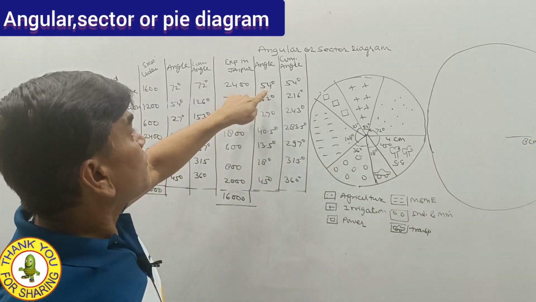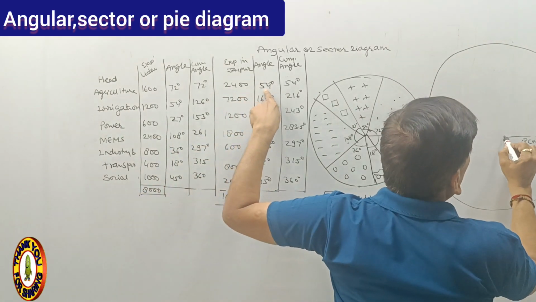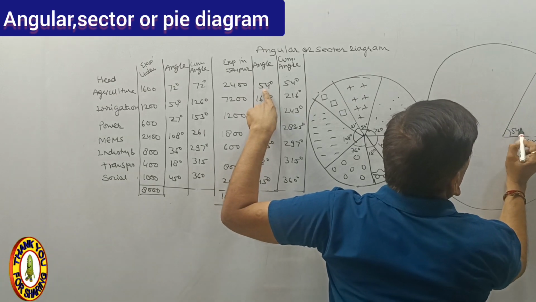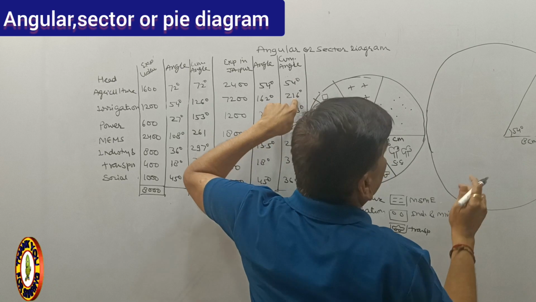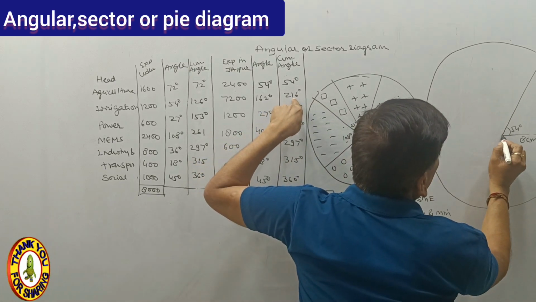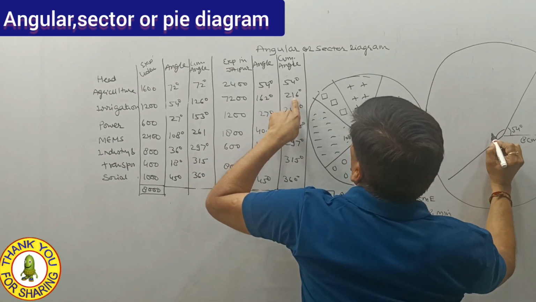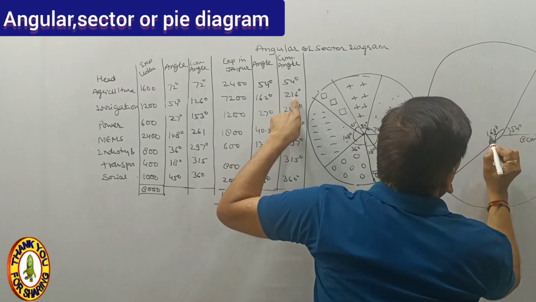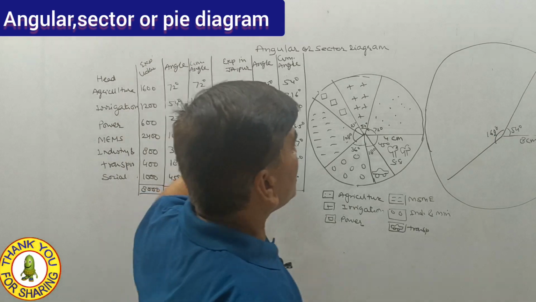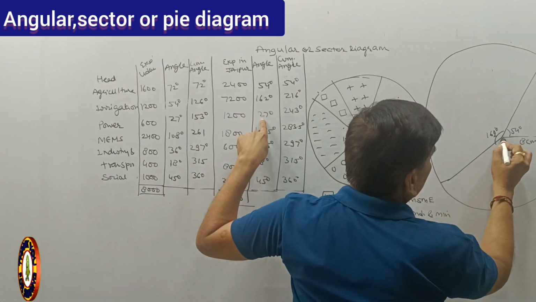In that also, firstly the curve will be 54 degree. Second curve 162 degree, total is 261. Third curve is 27 degree.